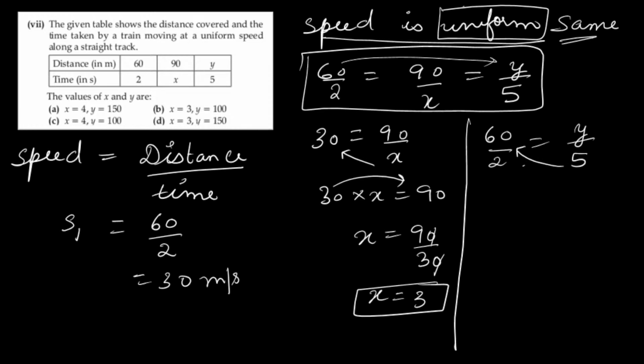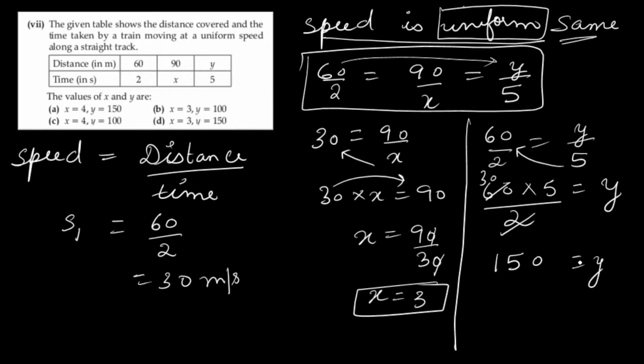Again we can do cross multiplication. 60 into 5 is equal to, no need of shifting 2 to that side because we have to find y's value, so let 2 be on this side only. 2 into y, 60 into 5 is 300, so y is equal to 150. x is equal to 3, y is equal to 150. Option D.